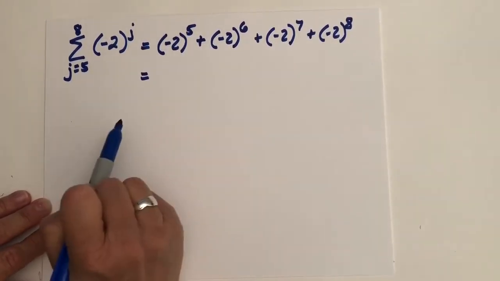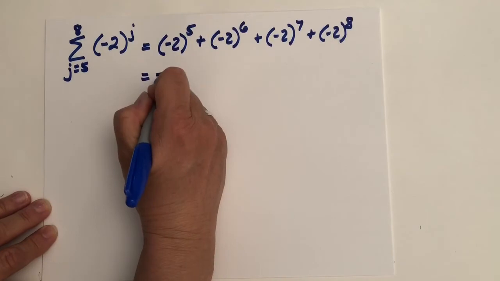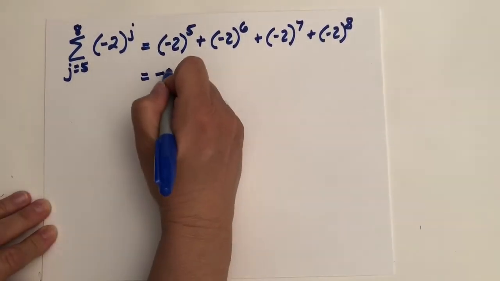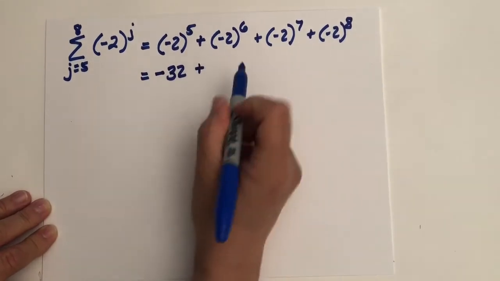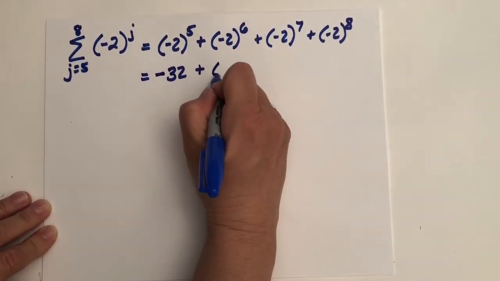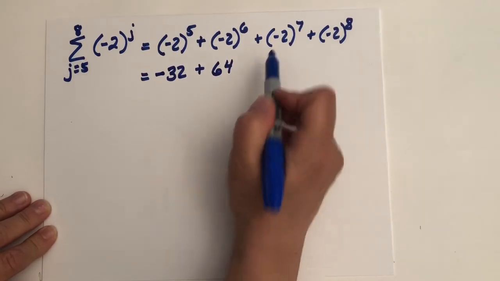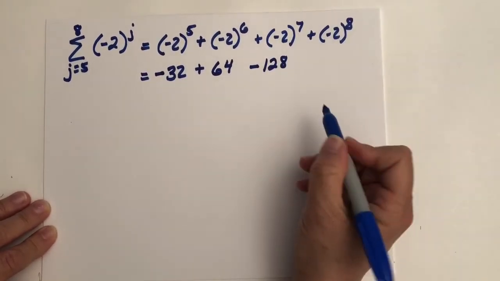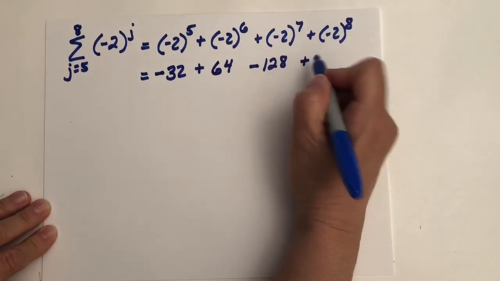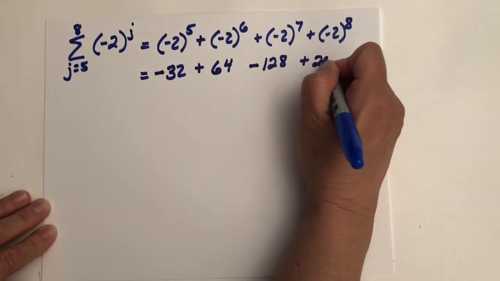And we do our calculations. -2 to the 5th power is a negative number. 2 to the 5th is 32, so we have -32. Now we'll have a positive number, and we have positive 64. We're back to a negative number, -128. And last we have a positive number, positive 256.